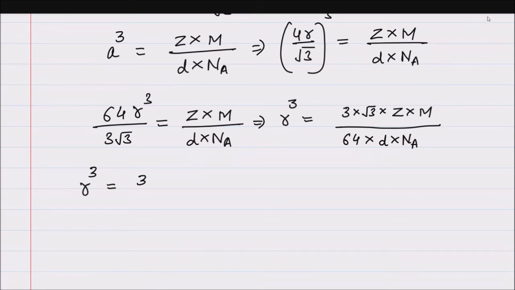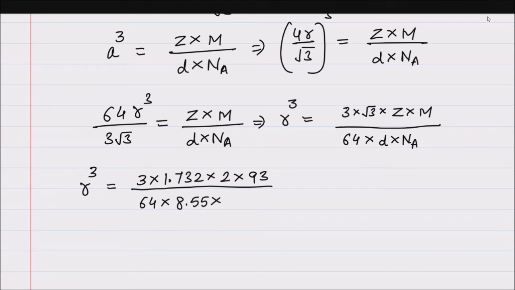Under root 3, its value is 1.732, and Z for BCC is 2. Molar mass is given to you, that is 93, divided by 64 into D. D is 8.55. And what is Na? Na is Avogadro's number, that is 6.022 into 10 raised to power 23.